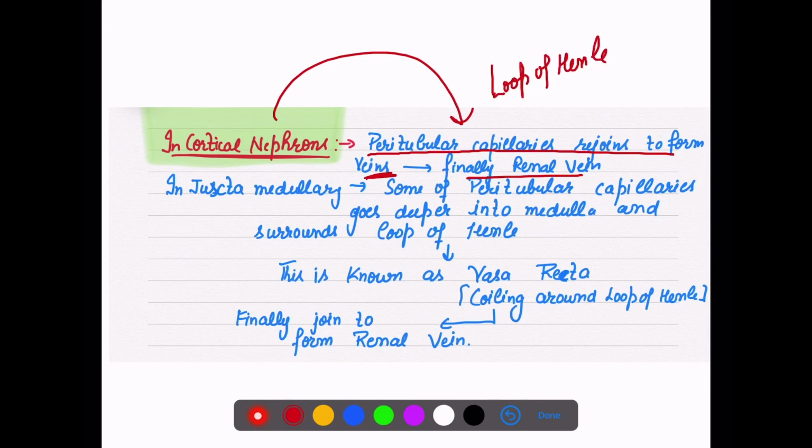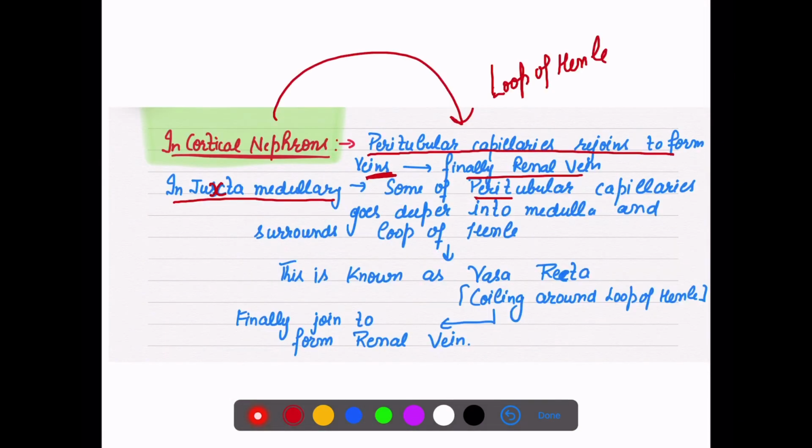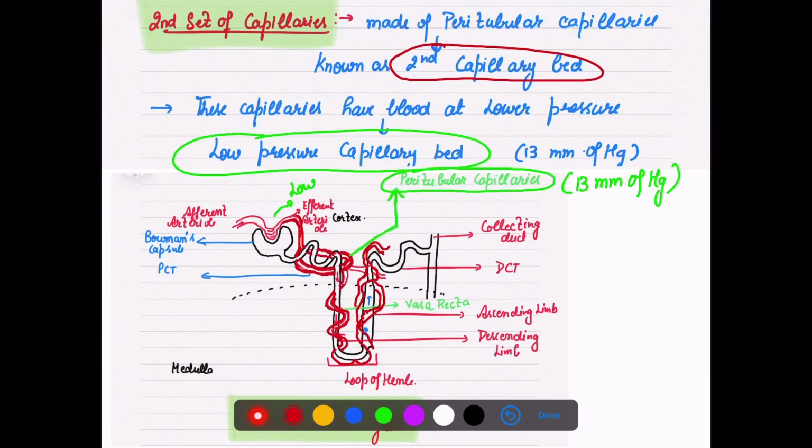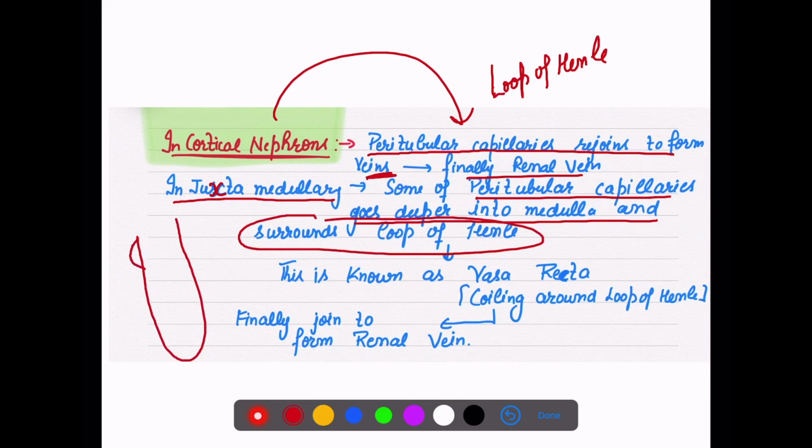But we have another kind of nephron also, that is your juxtamedullary nephron. So what happens there, in the juxtamedullary nephron, these peritubular capillaries go deeper into the medulla and completely surround our loop of Henle, right?